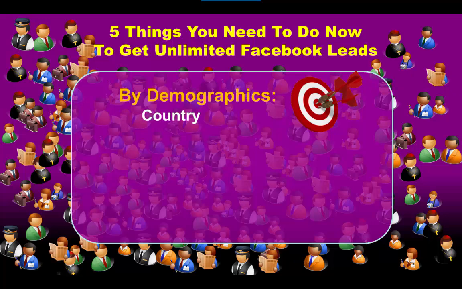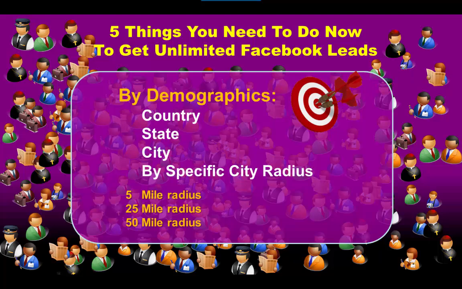Just a few: country, state, city. You can literally specify a particular radius from a particular city. You can say, I want to just market to people that are within a 5 mile radius of Long Beach, California, or Las Vegas. Okay?